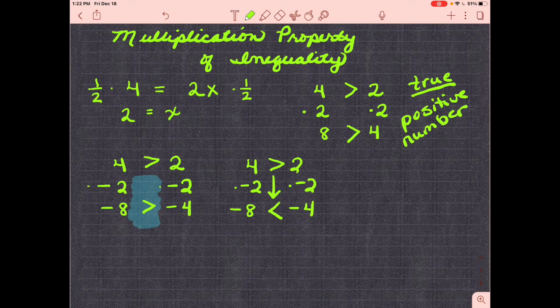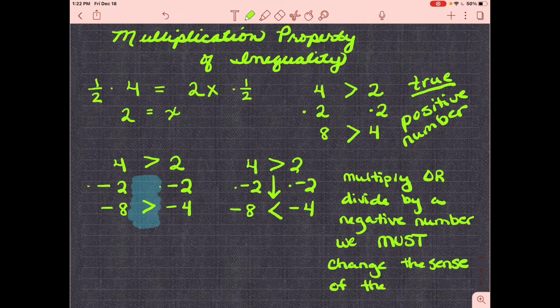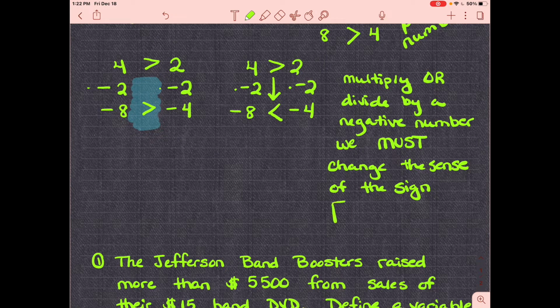This is probably the biggest difference in inequalities over equalities, is that when we multiply or divide by a negative number, I hope you're writing this down in your math notebook. When we multiply or divide by a negative number, we must change the sense of the sign. I said it that way because that's the correct way to say it, but in our minds, we often just say, flip the sign around.